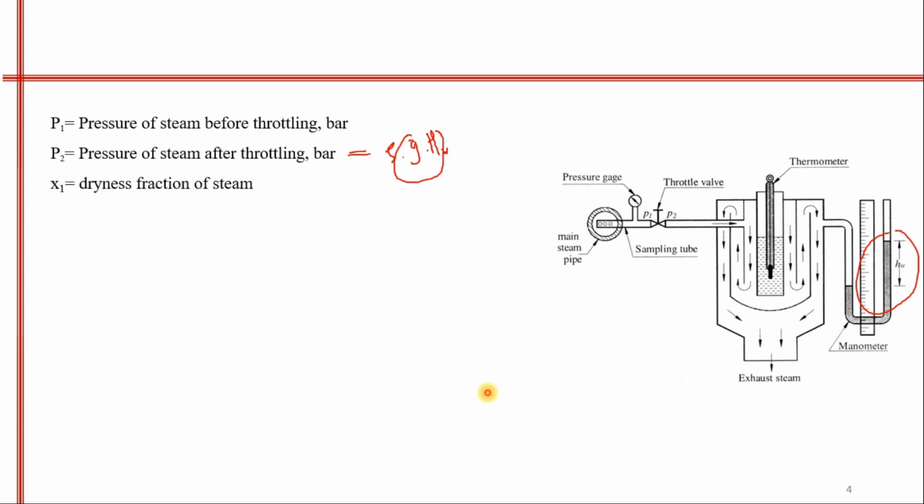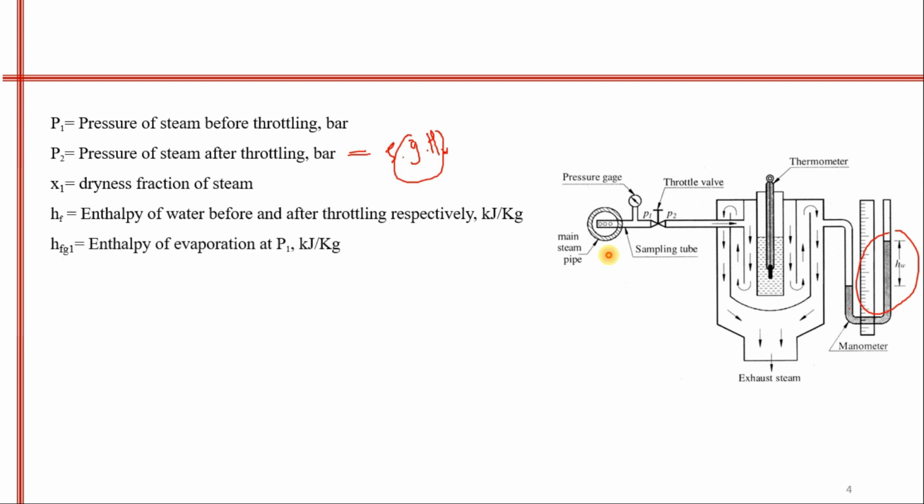X1 is the dryness fraction of the steam, meaning the dryness fraction of the steam present over here, which is to be measured. Hf1 and Hf2 are the enthalpy of water before and after throttling respectively. Hfg1 is the enthalpy of evaporation at pressure P1, at this pressure.